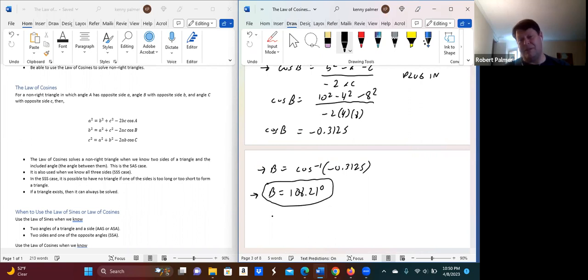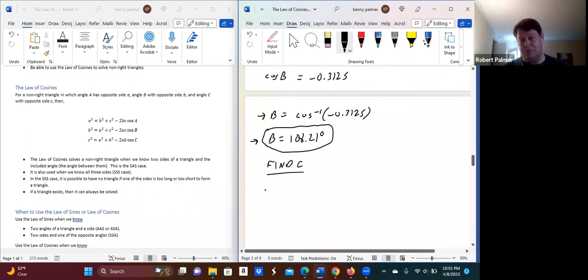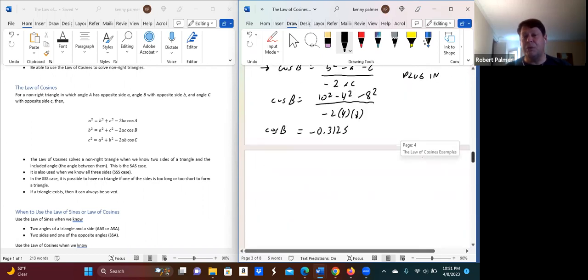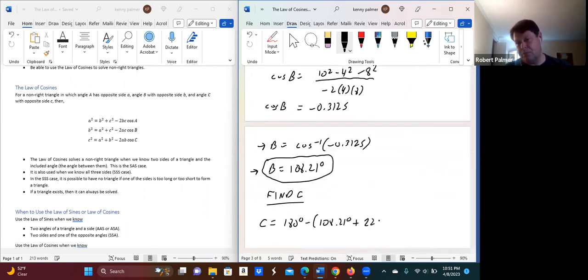And then finally to find C, that's the easiest one because now that we know the other two angles, we just do that angle C is going to be 180 minus the sum of the other two. So minus 108.21 degrees plus angle A, which was 22.33 degrees. Okay, and I'll just use my own calculator to do that.